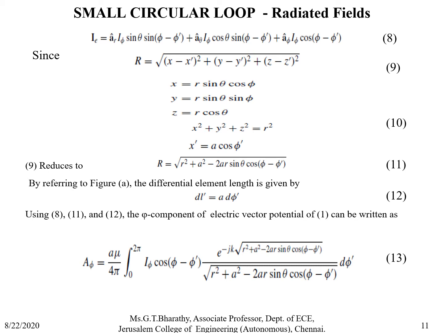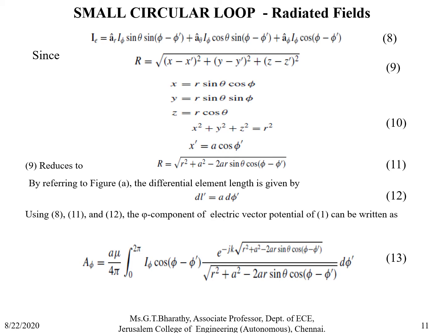So substituting expressions 8, 11 and 12 in the expression of the electric vector potential capital A, that is equation number 1, we get the expression for the phi component of the electric vector potential A phi as a mu by 4 pi integral 0 to 2 pi I phi cos (phi minus phi dash) e power minus jk capital R, where capital R is replaced as square root of r squared plus a squared minus 2ar sin theta cos (phi minus phi dash), divided by the same capital R, into d phi dash.